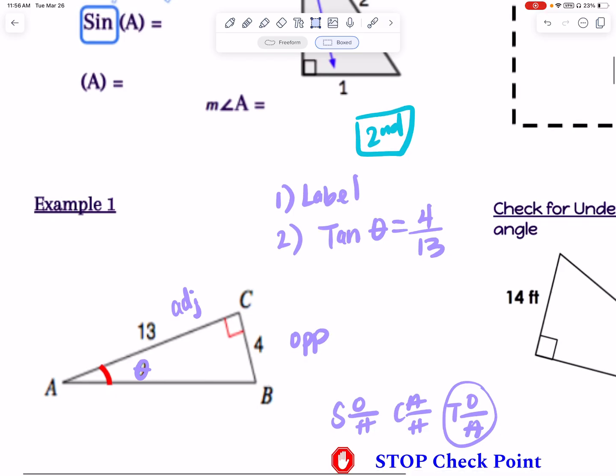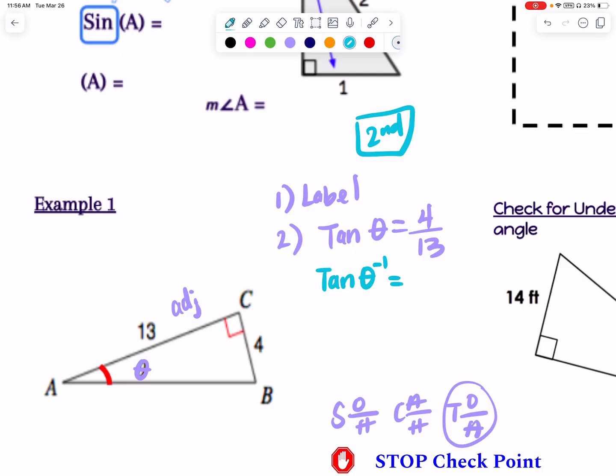And to show that, you write tan -1 of theta, that means the opposite of tan, equals 4 over 13. That -1, the inverse, gets rid of the tan, so theta is alone. Whatever you do on one side, you do to the other.